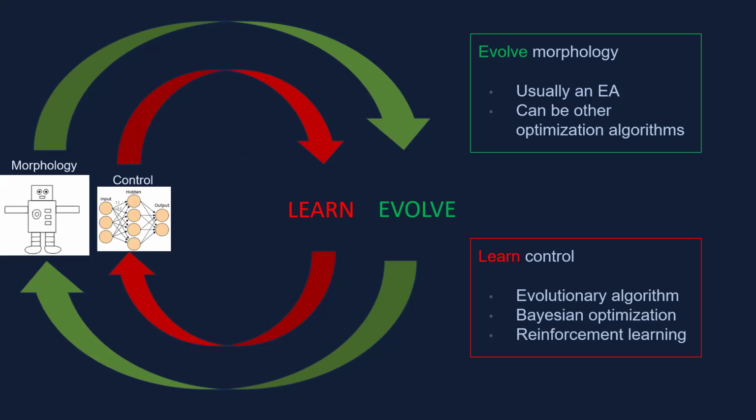So this will be the fitness of this morphology. You can also inherit the control parameters themselves, but I will get back to that later. I don't know if that answers your question.